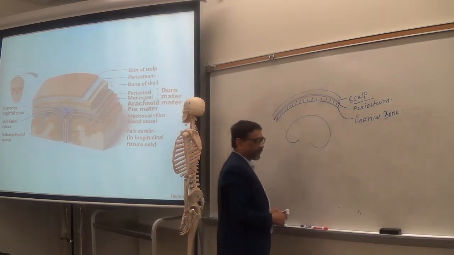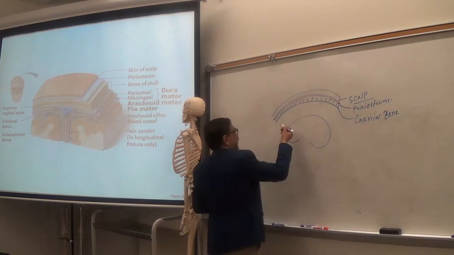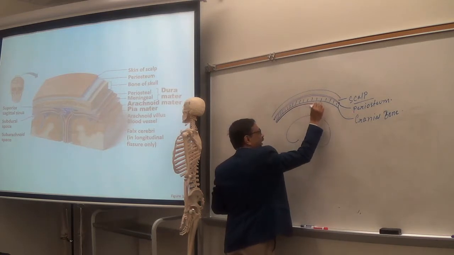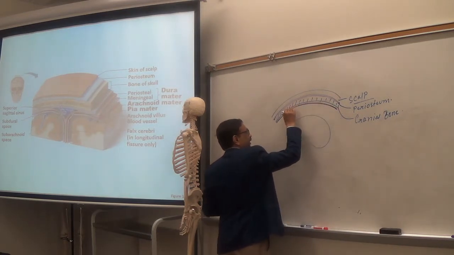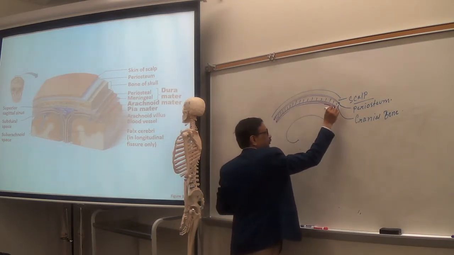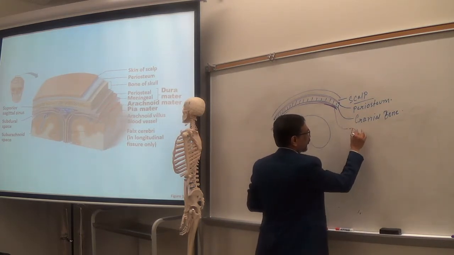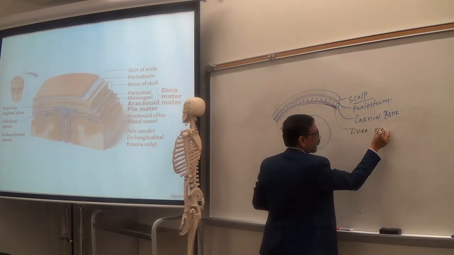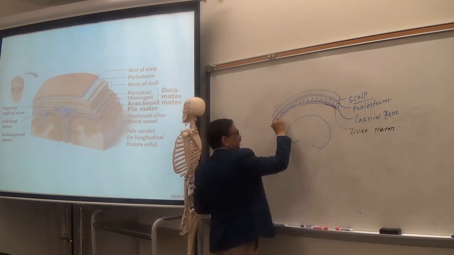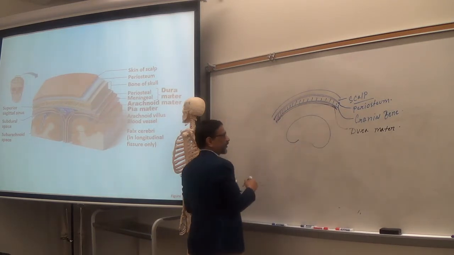Under the cranial bone, you have a thick layer of meninges, which is the thickest layer of the meninges, that is called dura mater. So dura mater, which is the thick membrane, thick outer layer of meninges.